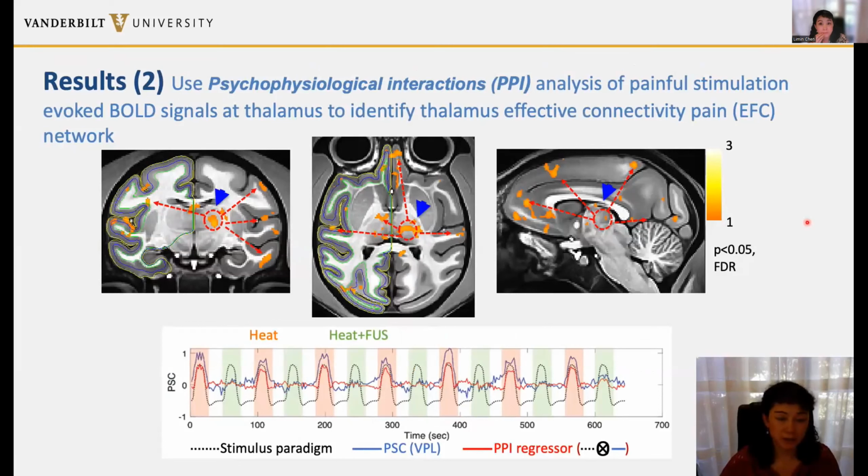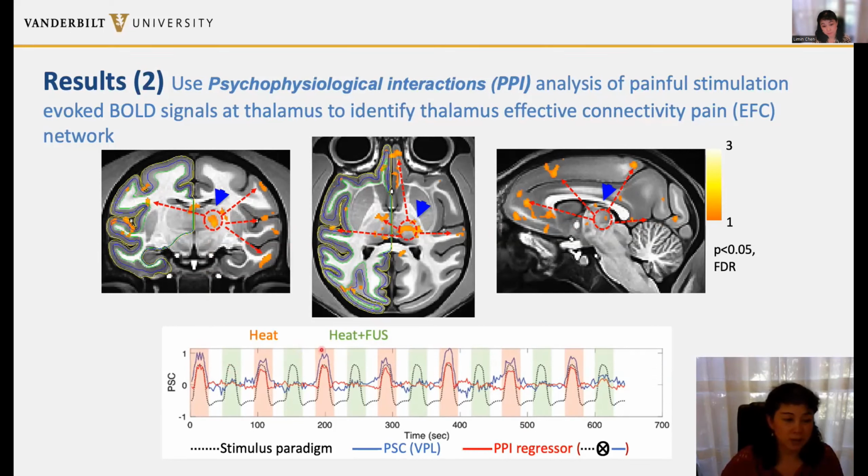For the next set of data, we asked the question: when the thalamus painful response was suppressed, how does this suppression affect the thalamus network? What we did is we performed an analysis called psychophysiological interaction analysis. This analysis basically extracts the heat stimulation evoked BOLD response from the thalamus.